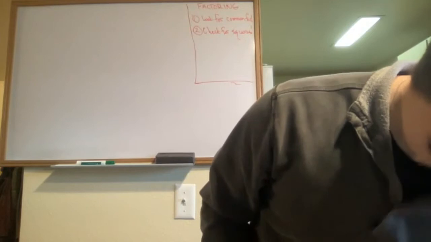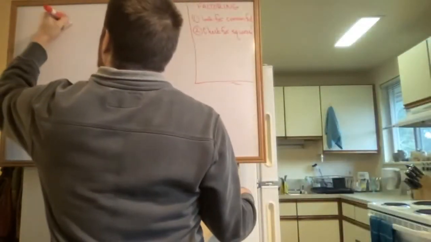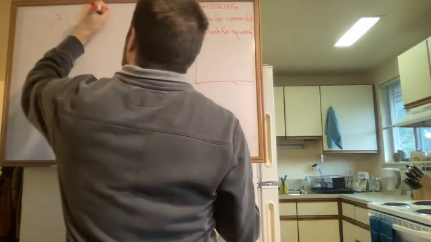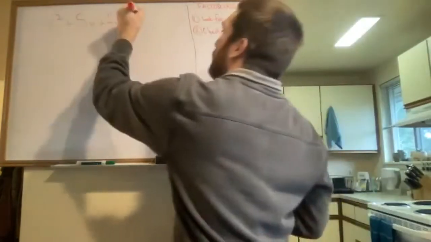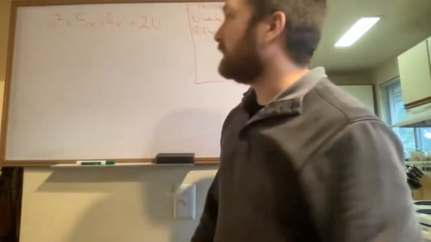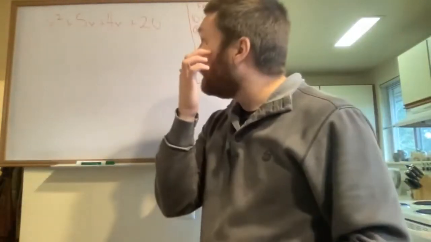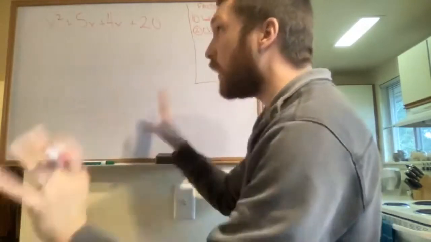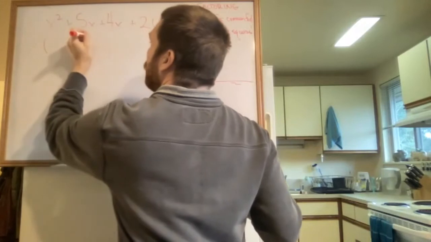But it does stuff like this. X squared plus 5x plus 4x plus 20. It'll say factor by grouping, in which case what they want is the following, where you say, oh, well, we could group those together.